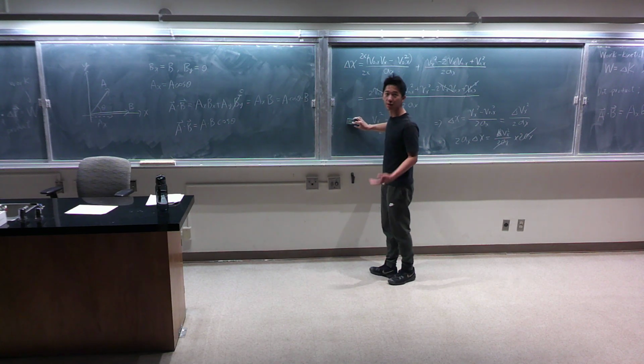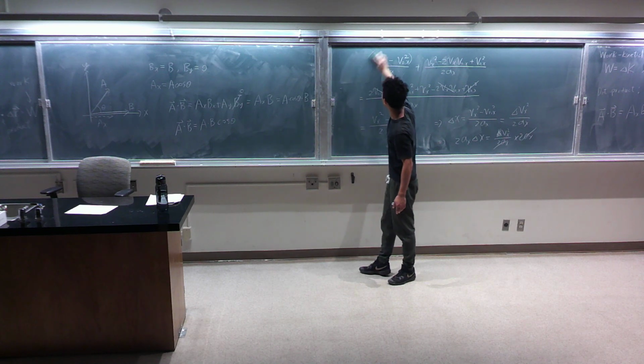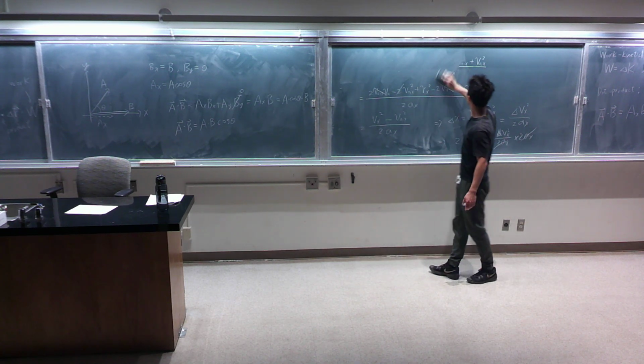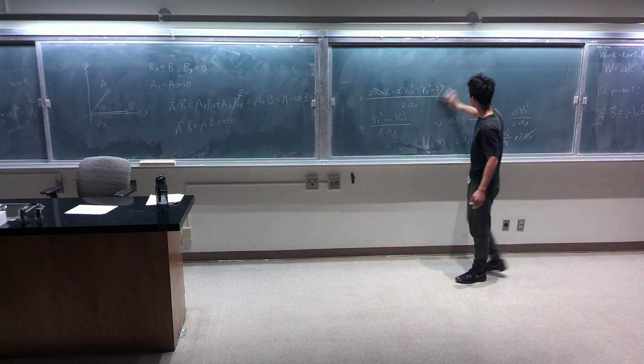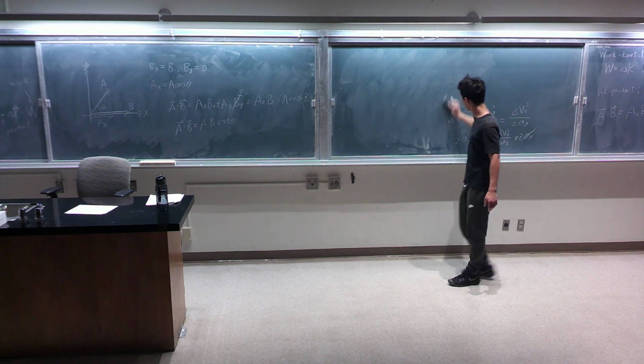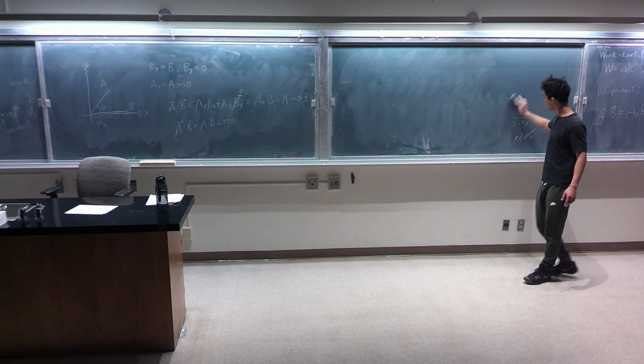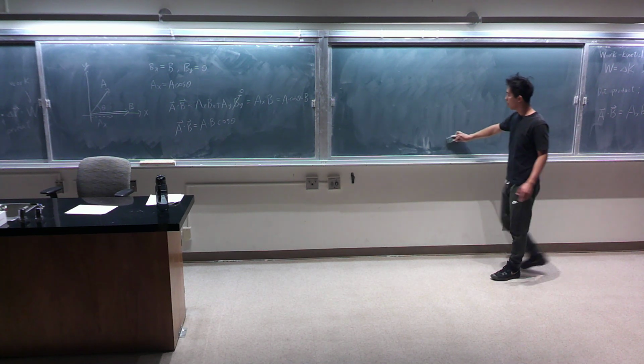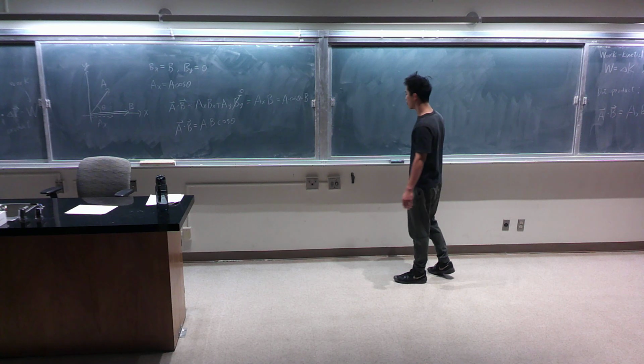But you see it is a product because you are multiplying the magnitudes of the two vectors. This factor of cosine is important.